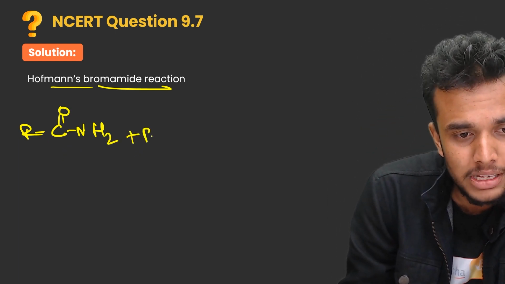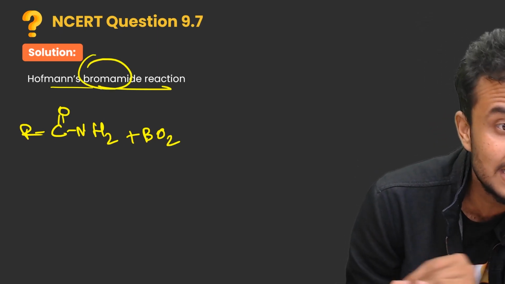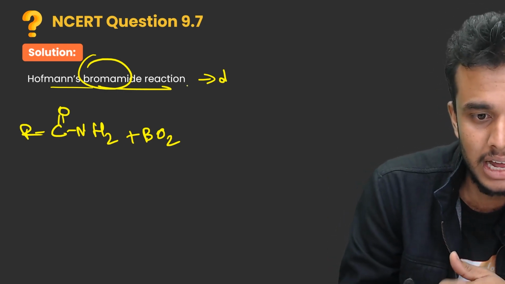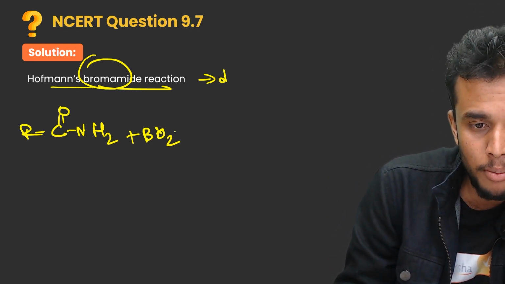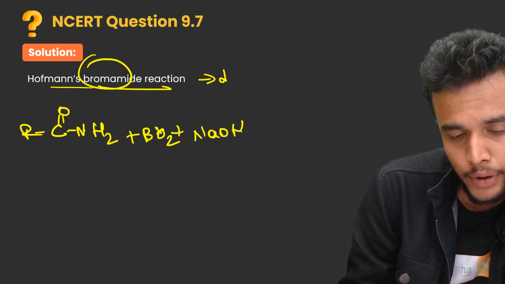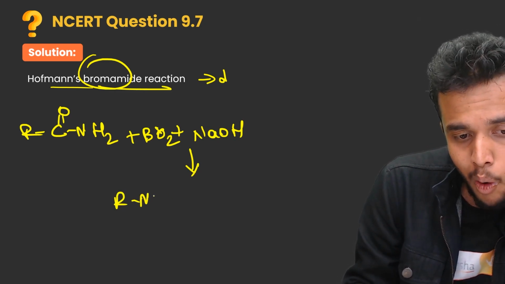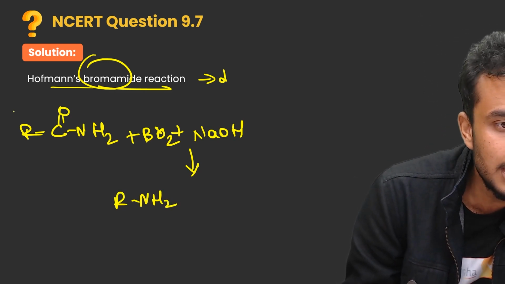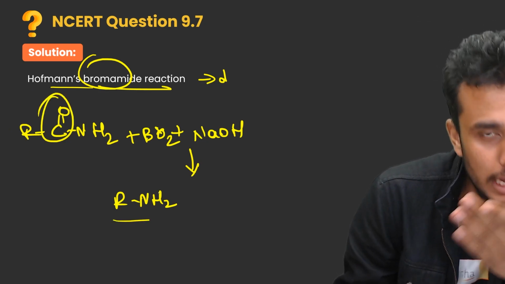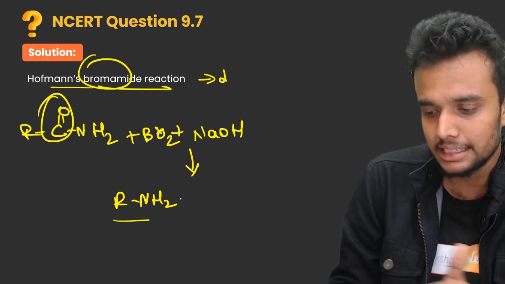This amide group is reacted with bromine in the presence of ethanolic or alcoholic NaOH solution to yield an amine with one carbon less than the compound. Here one carbon is released. It is called the Hoffmann bromamide degradation reaction.